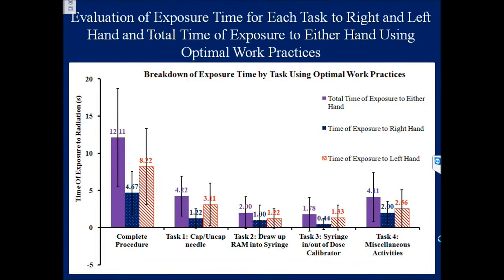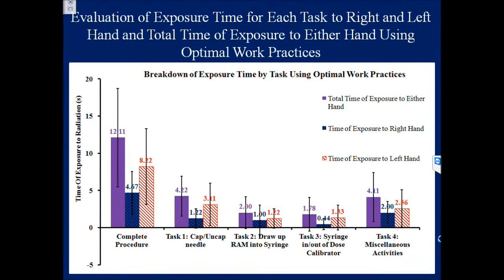The most significant exposure was when they were drawing it up, and it tended to be that one hand would receive more. It was very similar on both optimal or non-optimal, because the left hand tended to be the one taking the cap off of the syringe.